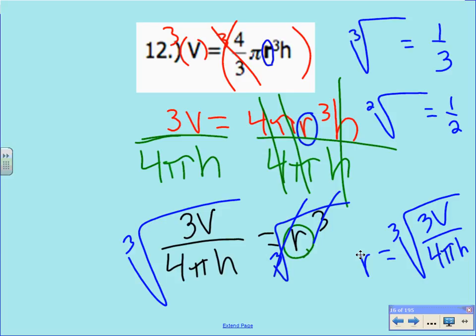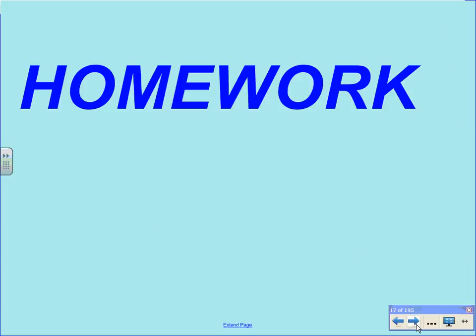Okay, open up your homework packet to, I don't know what page it is. I think it's the second to last page. Okay, turn to page 62. It looks like this.